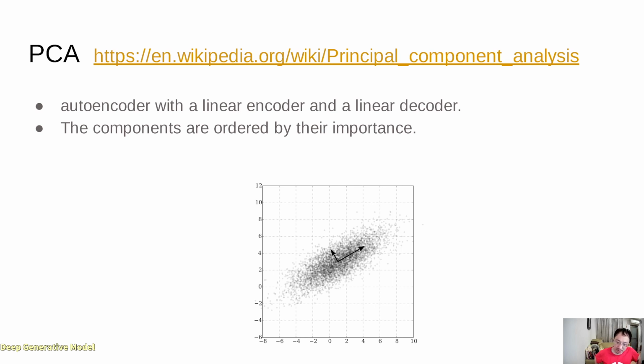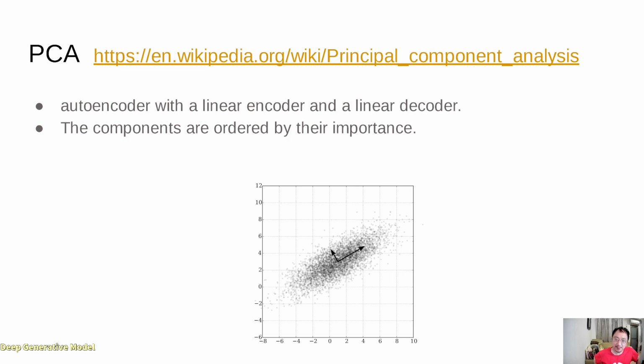We're kind of working backward in the sense of history, but we already got the definition of autoencoder. Since we already know what the autoencoder is, PCA is roughly an autoencoder where the encoder and the decoder are both linear.